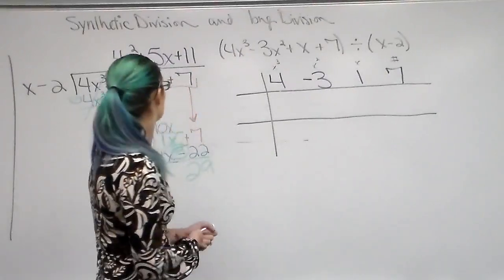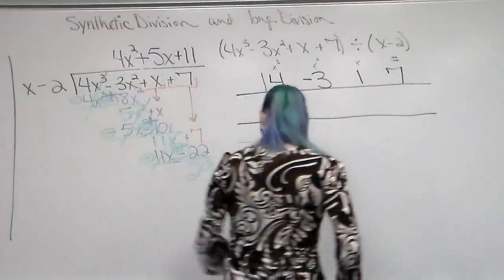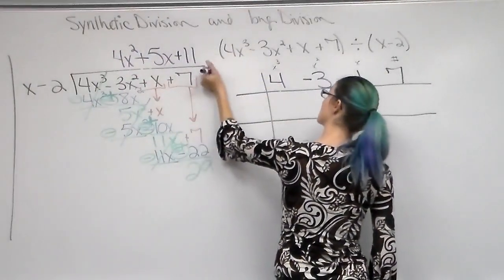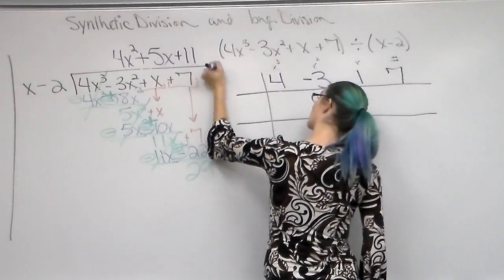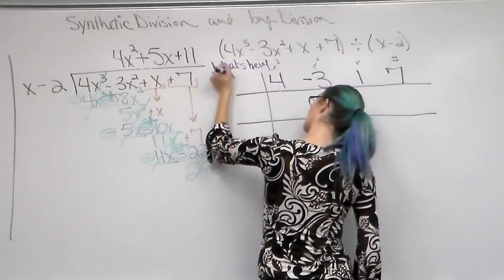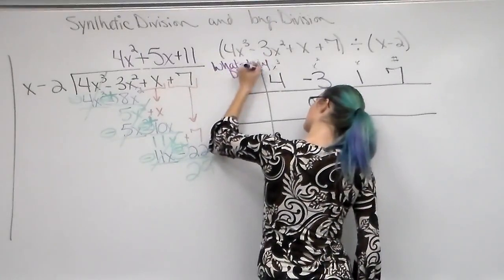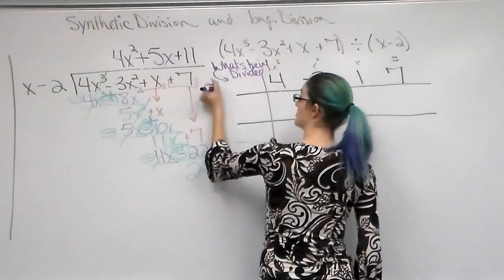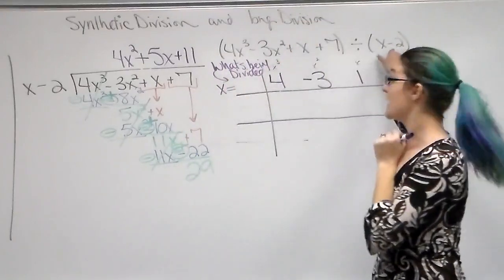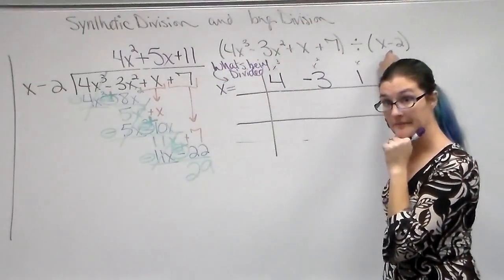Then, over here, for part of our setup again, here you want to do what's being divided. But you want it to be x equals. It's being divided by x minus 2, right?